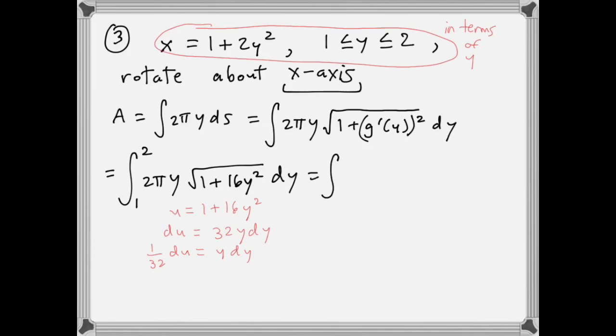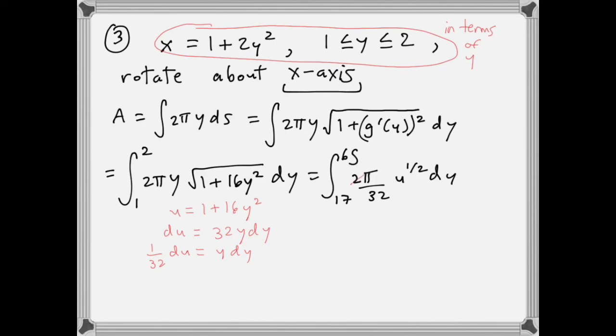So what does this integral become? If I plug 1 into my u equation, I get 17. And if I plug 2 into my u equation, I get 2 squared is 4. 4 times 16 is 64, plus 1, so I get 65. And then I get 2 pi over 32, and then times u to the 1/2 du.